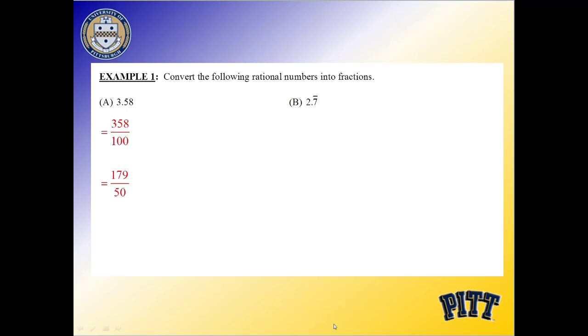And oftentimes when they ask you to do this, it's okay to leave it as an improper fraction where you have a bigger numerator than a denominator. In upper level mathematics, we tend to shy away a little bit from the mixed number usage because there's some confusion about what a mixed number is as compared to some of the rules we talk about in math, the main one being that if I have two quantities next to each other, it usually indicates a multiplication.